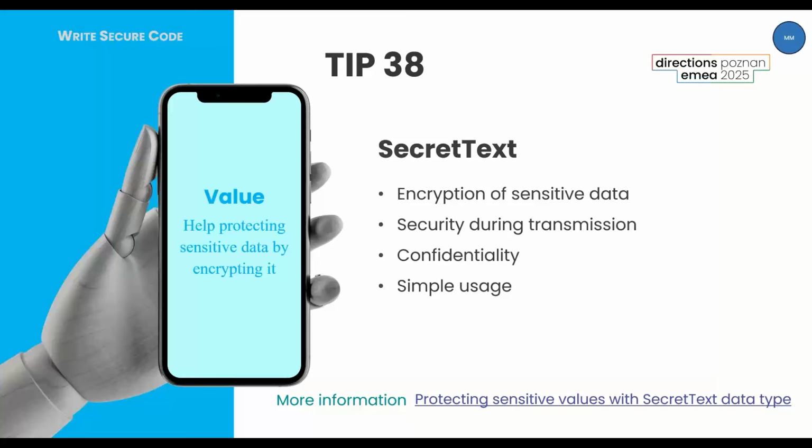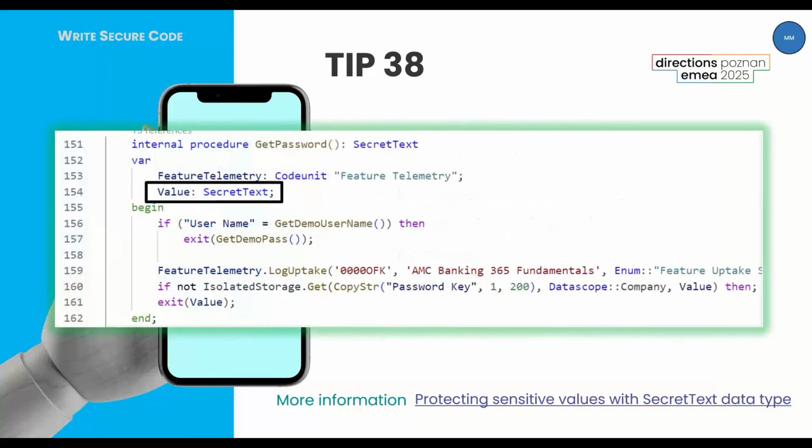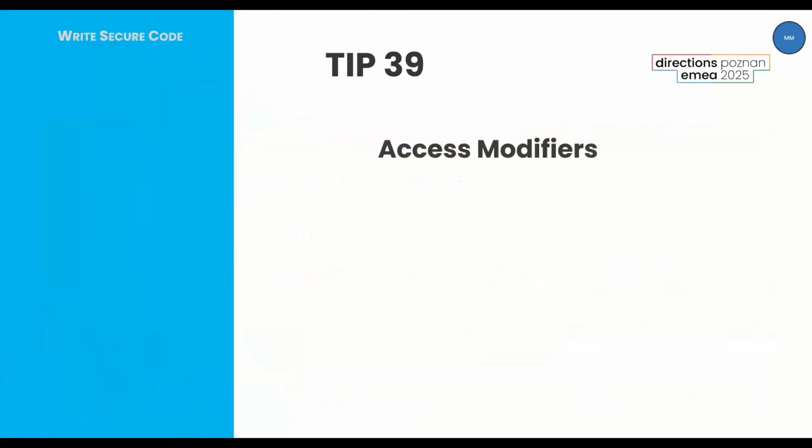Even if you are debugging, you will not be able to see the value from there. It is very simple to use, and it is very helpful in protecting sensitive data. So how you can use this, you are just defining a SecretText variable, and then you cannot see what's happening there. The platform is encrypting this automatically.